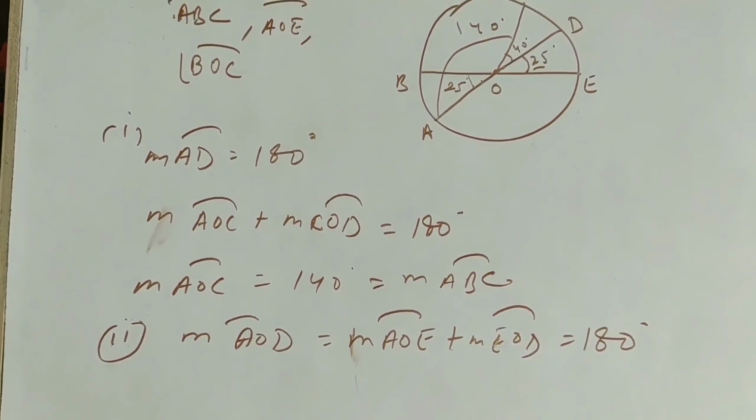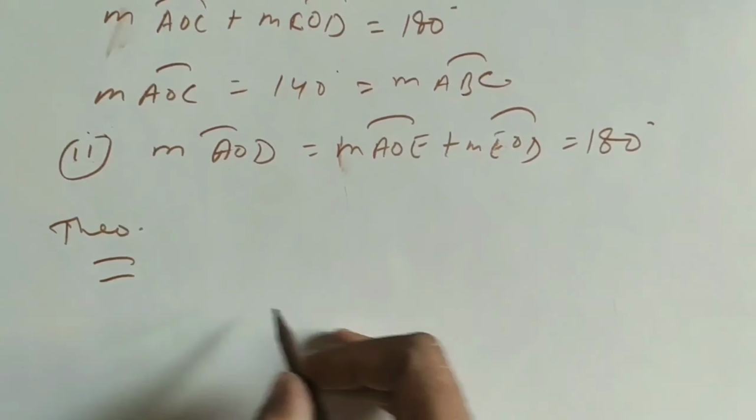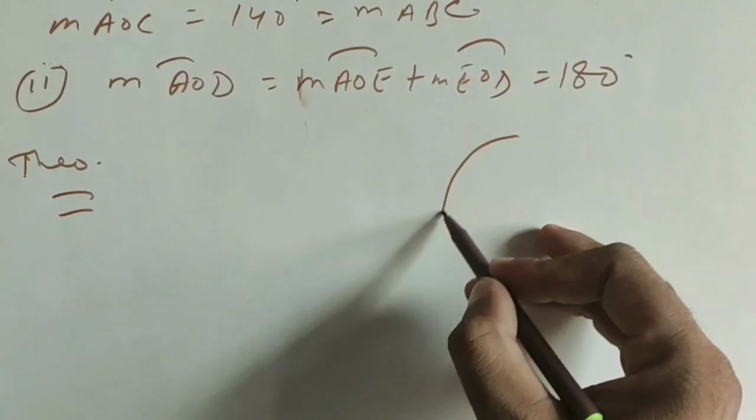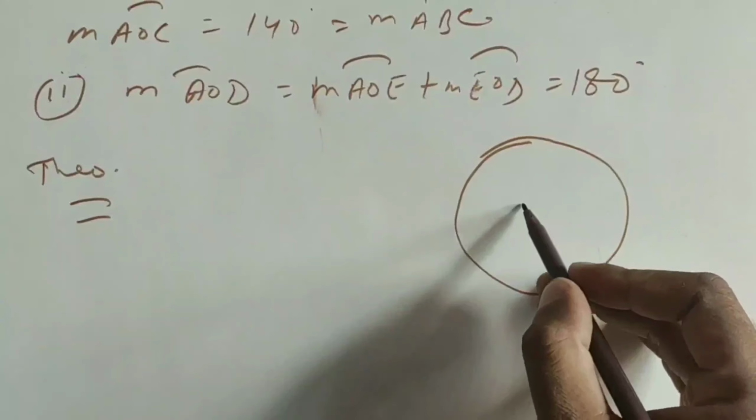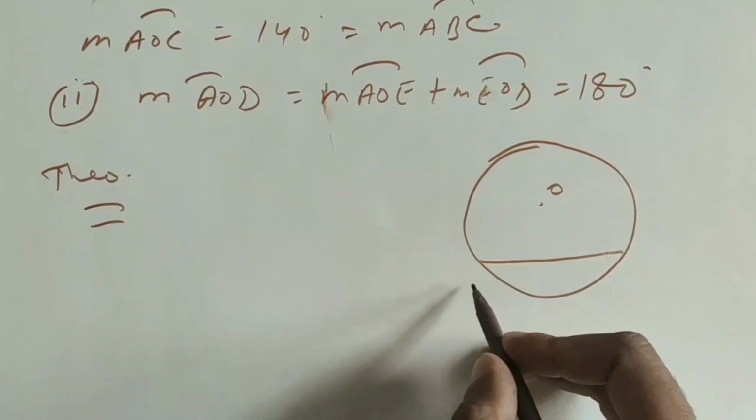Now we will do some theorems based on the circle. The first theorem is: a perpendicular from the center to the chord bisects the chord.